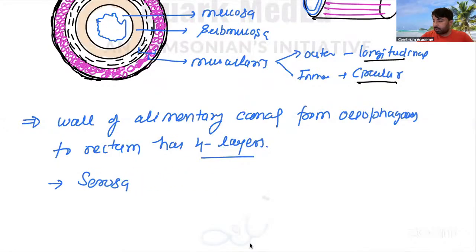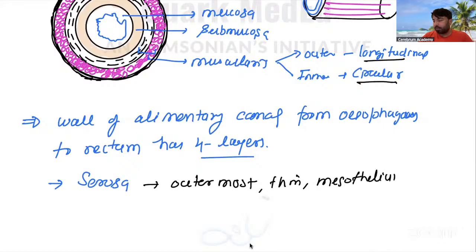Serosa is the outermost layer, and it is thin and made up of mesothelium. Mesothelium is an epithelium of internal organs.